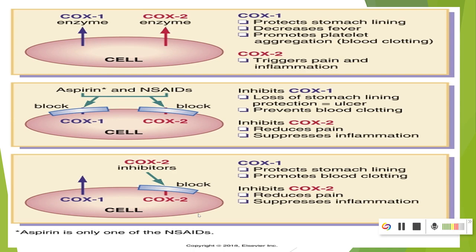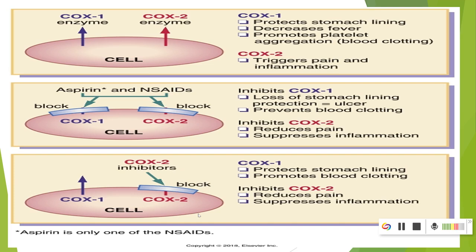Now, before we talk about the drugs, we also need to understand the function of a very important enzyme known as the COX. COX is known as cyclooxygenase. Okay, so cyclooxygenase is an enzyme. So when we are talking about especially the enzymes, you're going to hear a lot about the enzyme cyclooxygenase.